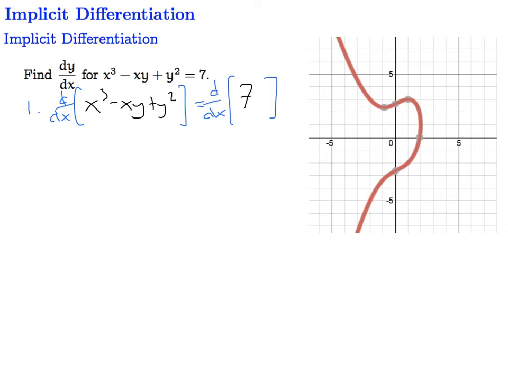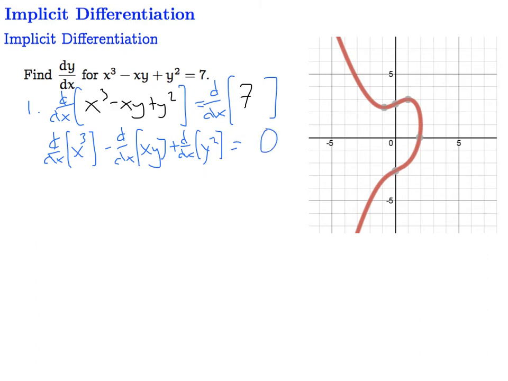If we work through this, it's going to split up into 3 separate derivatives. We have the derivative of x cubed minus the derivative of xy plus the derivative of y squared is equal to the derivative of 7, which is going to be 0. For the first derivative here, when we take the derivative of x cubed, the variables match, so we're going to get 3x squared.